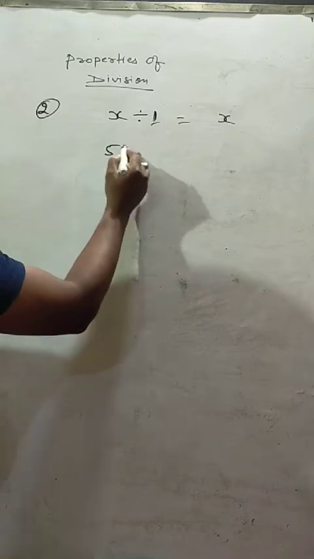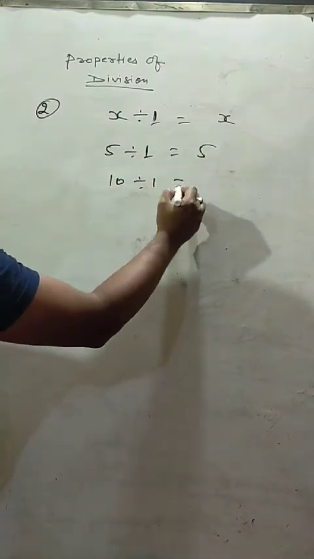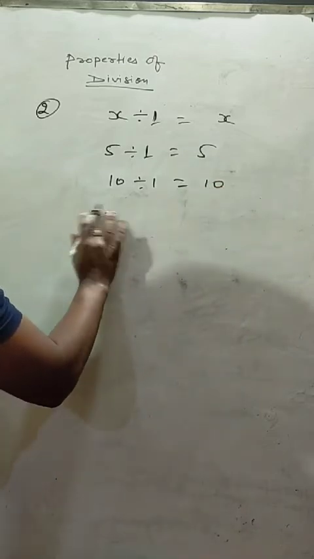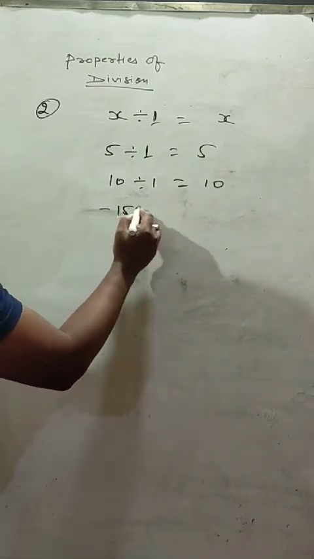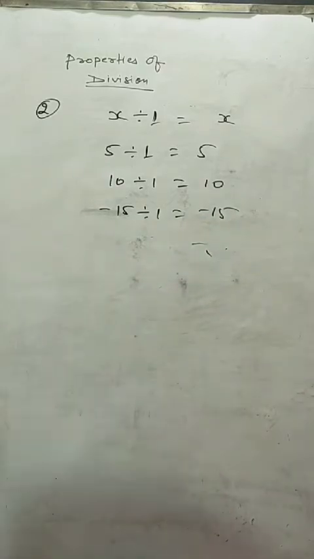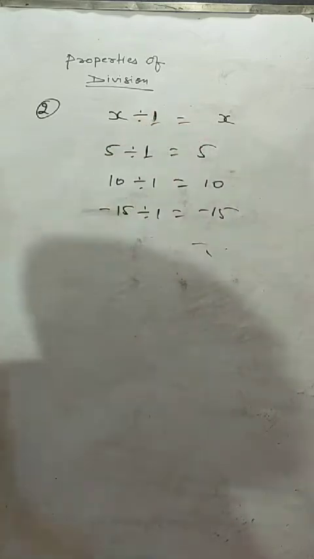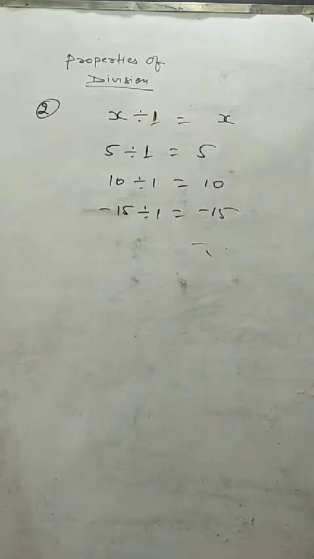Similarly, if we divide 5 by 1, it is 5. If you divide 10 by 1, it is 10. If you divide minus 15 by 1, it is minus 15. Same way. So if you divide an integer by 1, the result will be the integer itself. Okay.